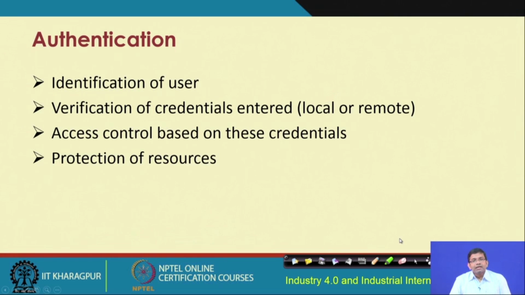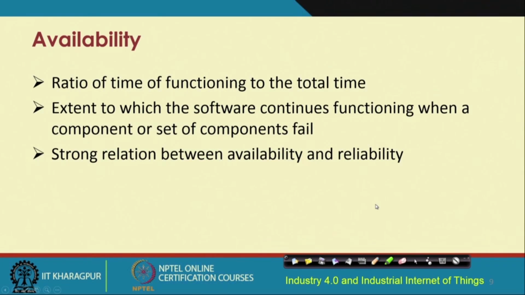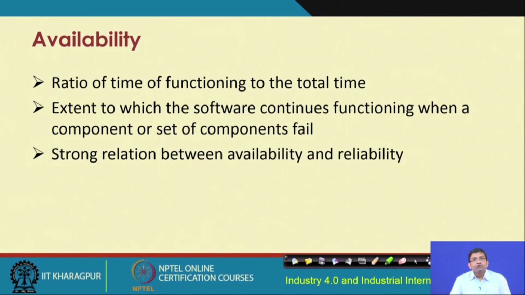Authentication talks about identification of the user correctly and ensuring that the credentials entered locally or remotely through the machine by the user are all correct, and we are authenticating a particular user to be a legitimate one. And the third one is availability, which talks about the ratio of the time of functioning to the total time. So, ensuring that the machine and the software are made available for as long as possible.